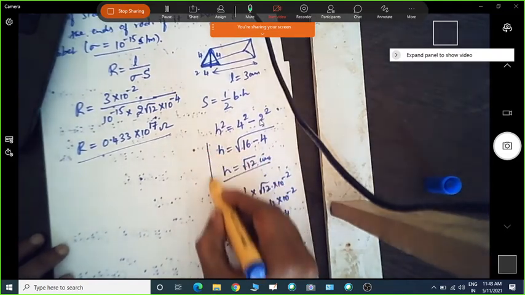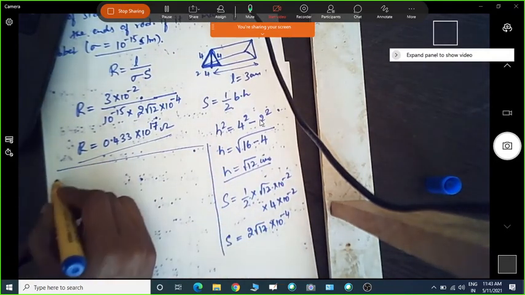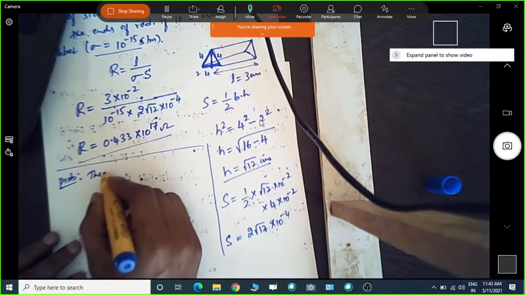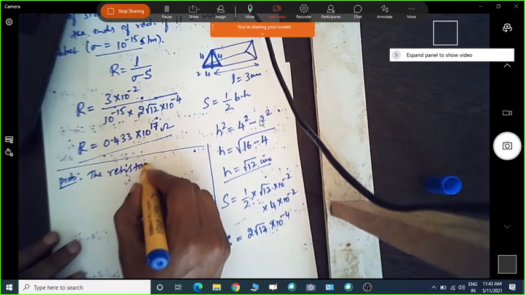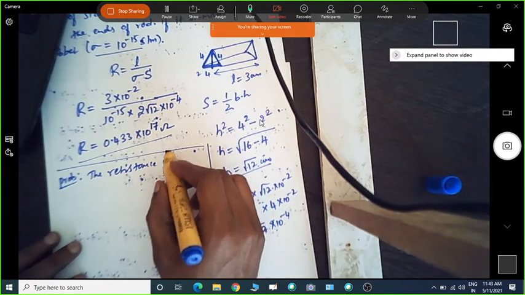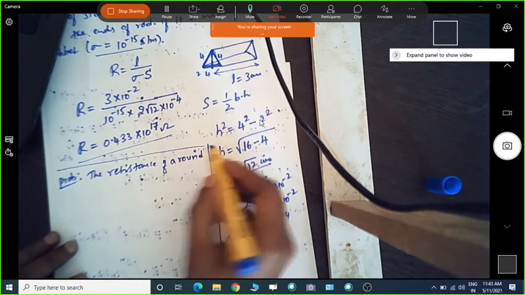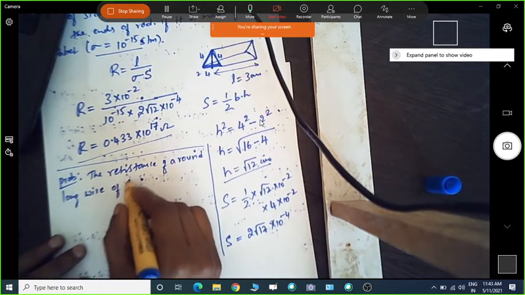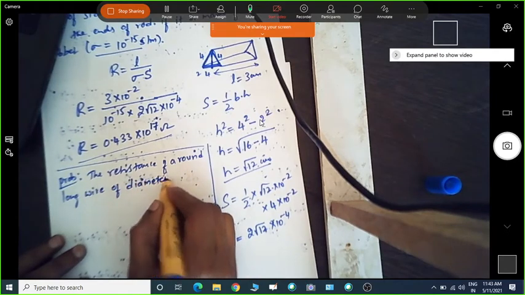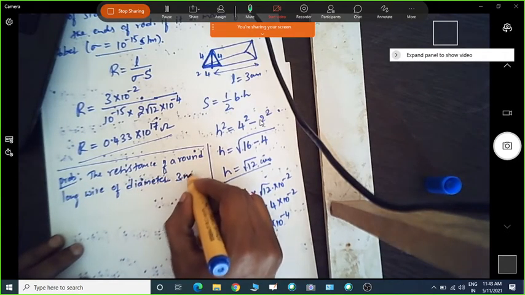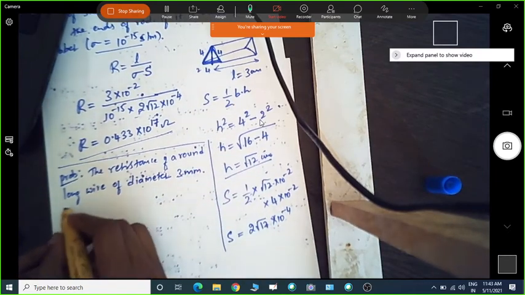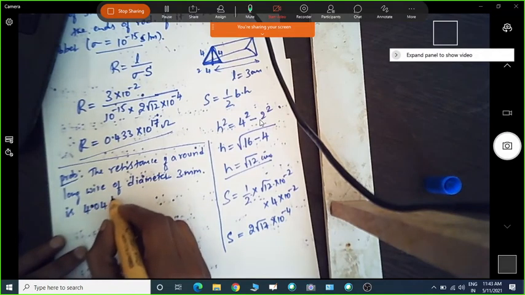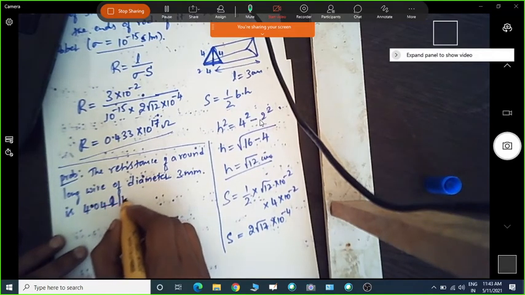So this is the problem which is given. The resistance of a round long wire of diameter 3 mm is 4.04 ohm per kilometer.